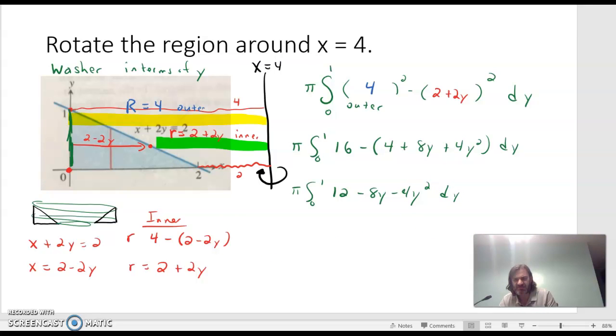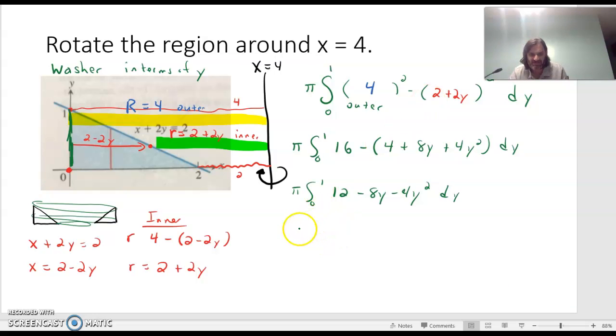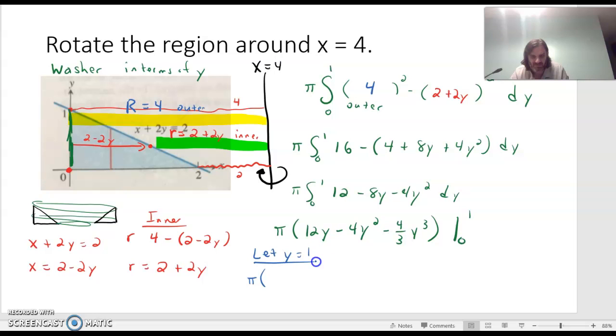So it's time to move me back up top, out of the way. And let's see here. If I integrate, I get pi times 12y minus 4y squared minus 4/3 y cubed from 0 to 1. So as we run out of space, let's see if we can be kind of constructive here. Let y equal 1, so I get pi times 12 minus 4 minus 4/3, and then minus, let y equal 0.